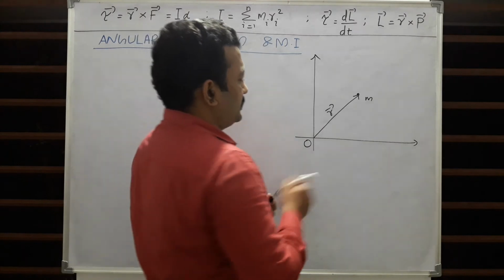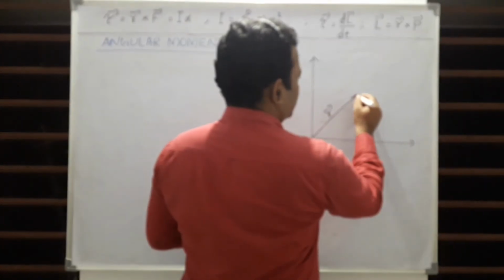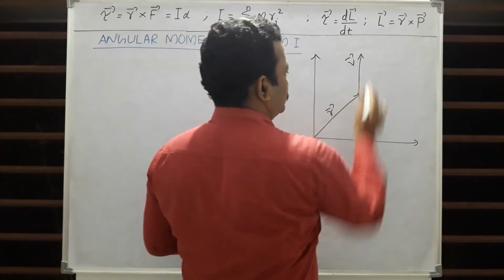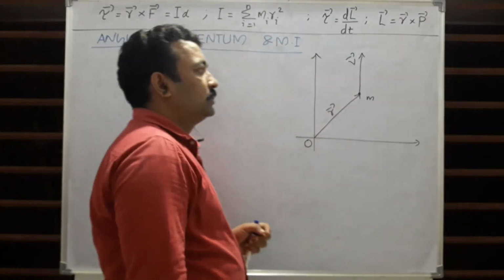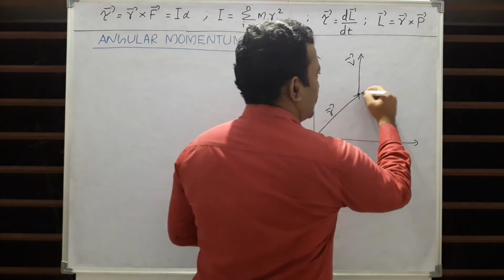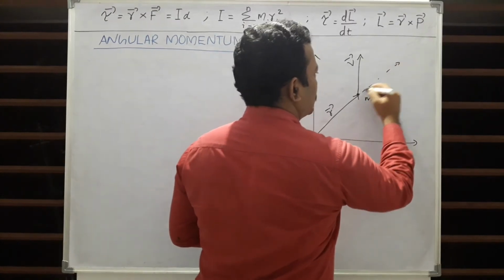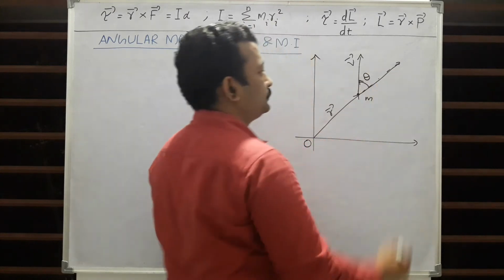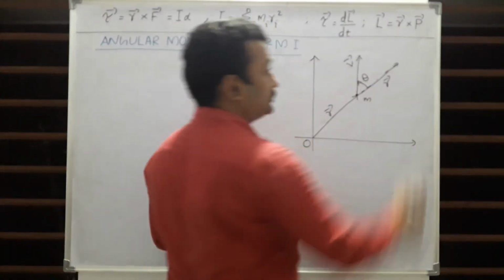And if the particle has got a velocity like this, we can say that r and v are making an angle theta.